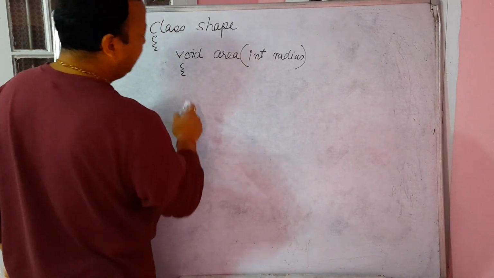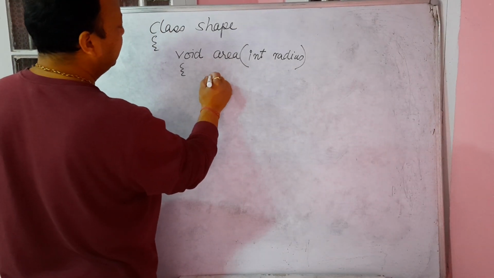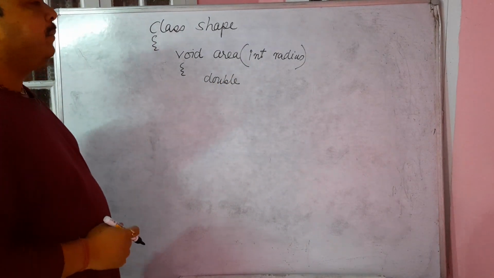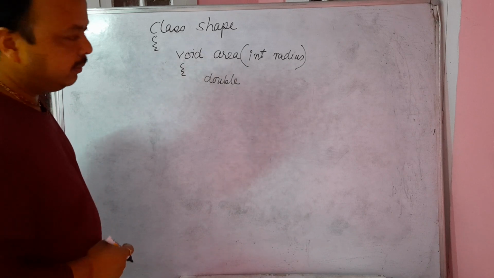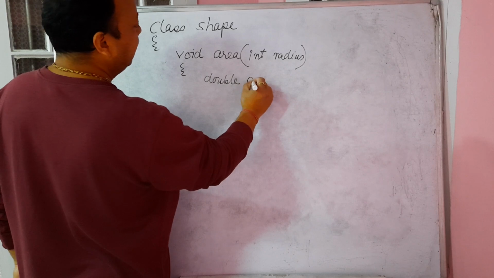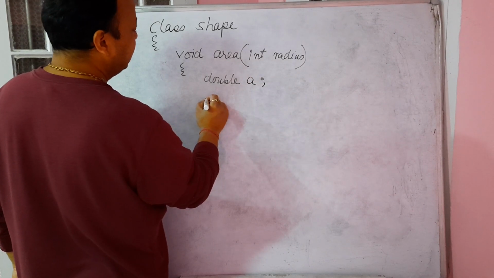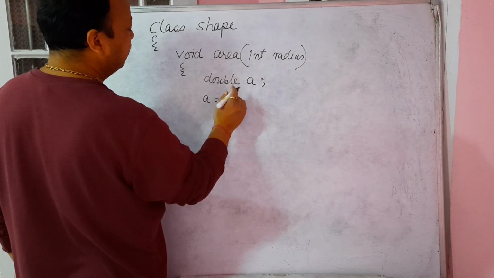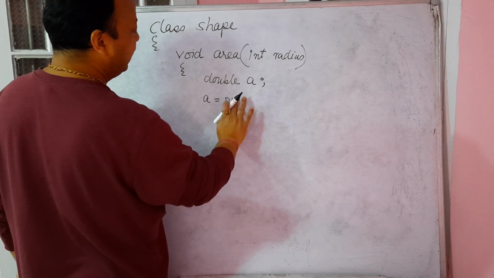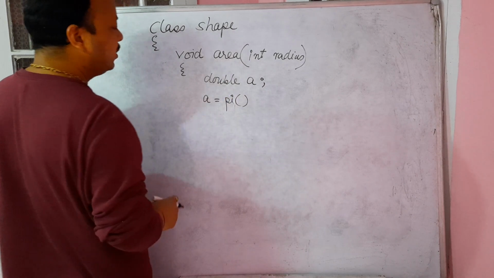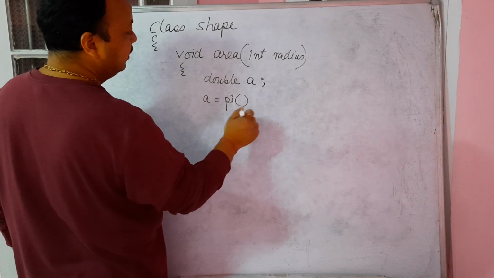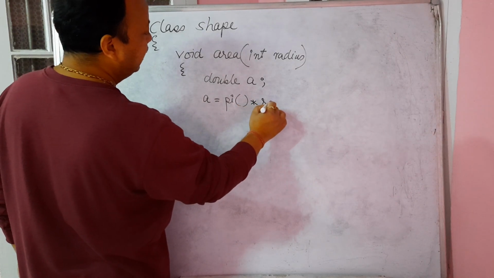We know that we have to calculate the area, and the value of pi will always be double. So the area after calculation is expected to be double. So double A you can take, and you can say A is equal to, call the pi function. We have not written the pi function yet. A function is always called in this way: pi function multiplied by radius.